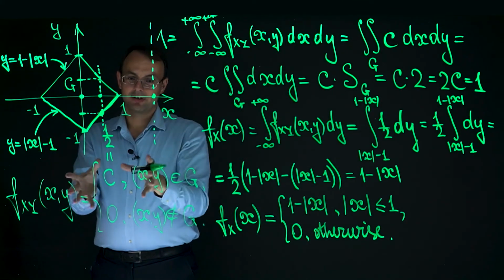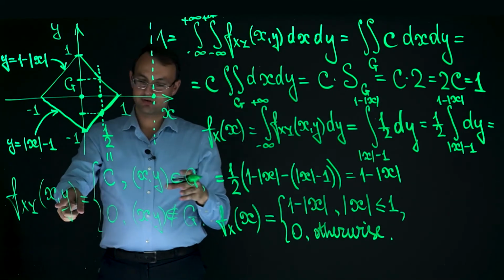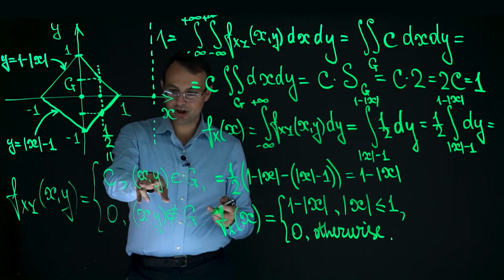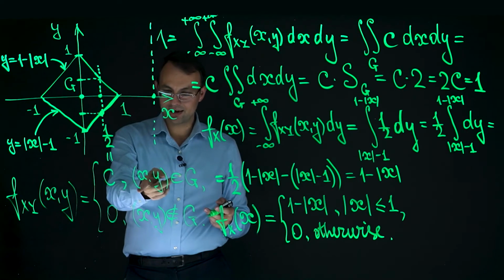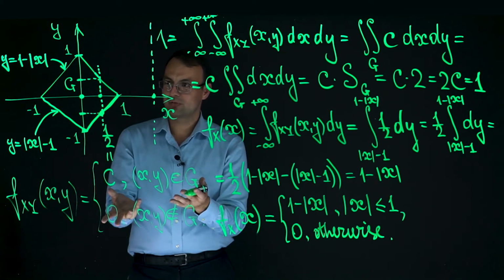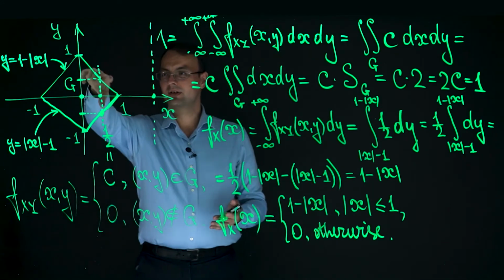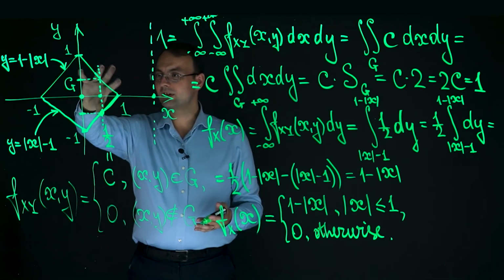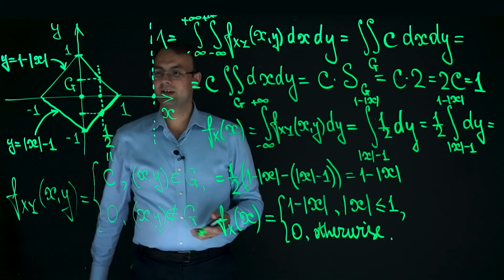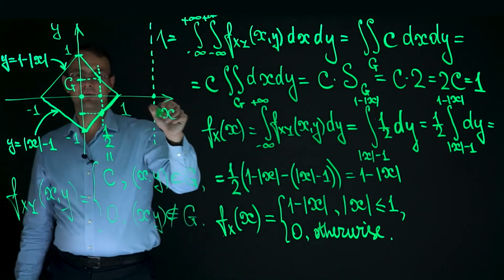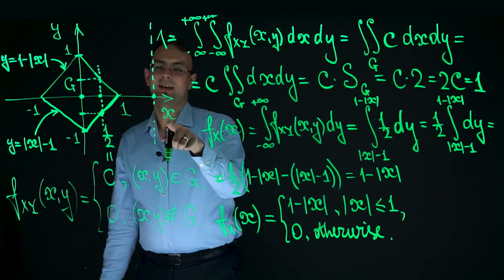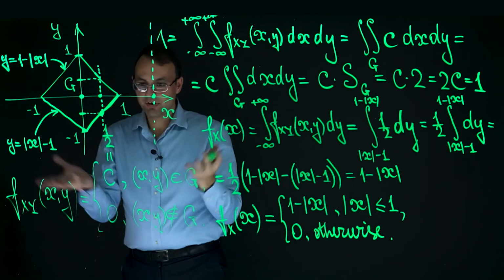We see here that actually our joint PDF is symmetrical. So if we change x by y and y by x, nothing will change. So this figure is absolutely symmetrical. So if we change names of coordinate axes, so if this is y and this is x, nothing will change.